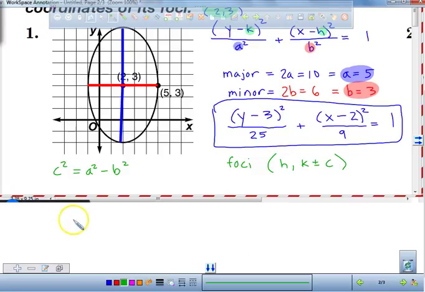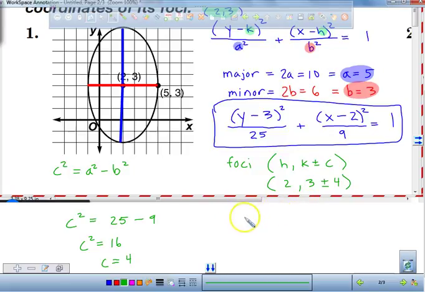So c squared equals, what's our a squared? 25. What's our b squared? 9. So c squared equals 16. So what is our c value? Simply 4. What's our h value? 2. What's our k value? 3. So we do 3 plus or minus 4.